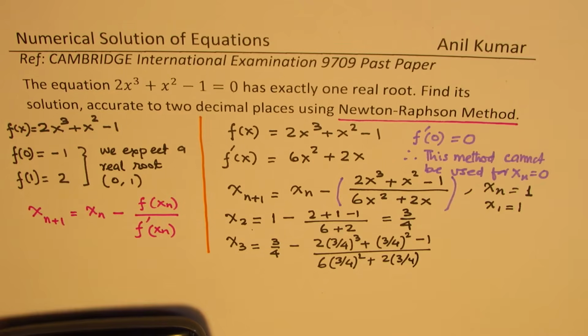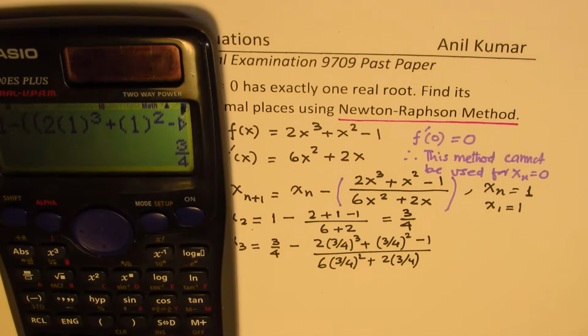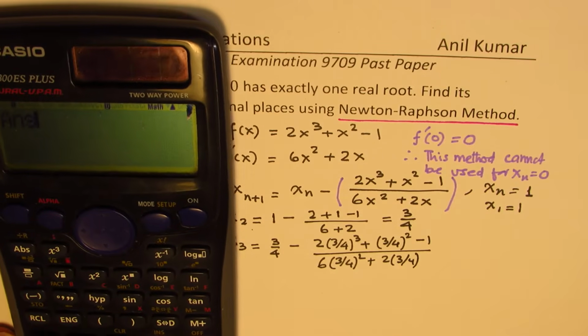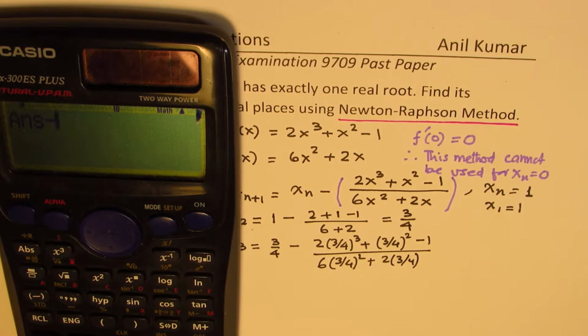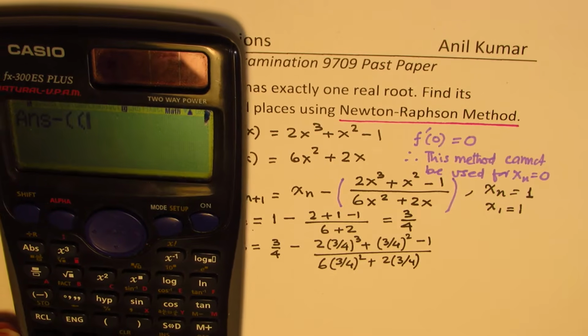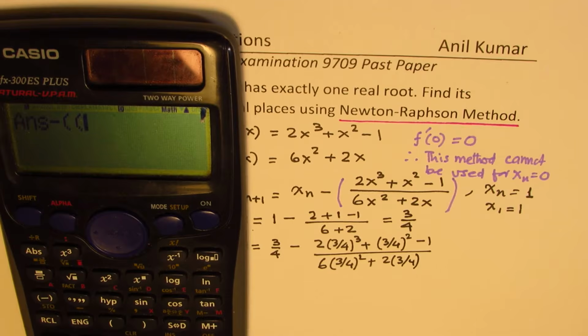Clear? So instead of 3 over 4, we'll write this as answer. So we'll write answer, which is 3 over 4, right? Minus, again 2 brackets. So the numerator is 2 times answer cube plus answer square minus 1, right? So it becomes very convenient, bracket close.